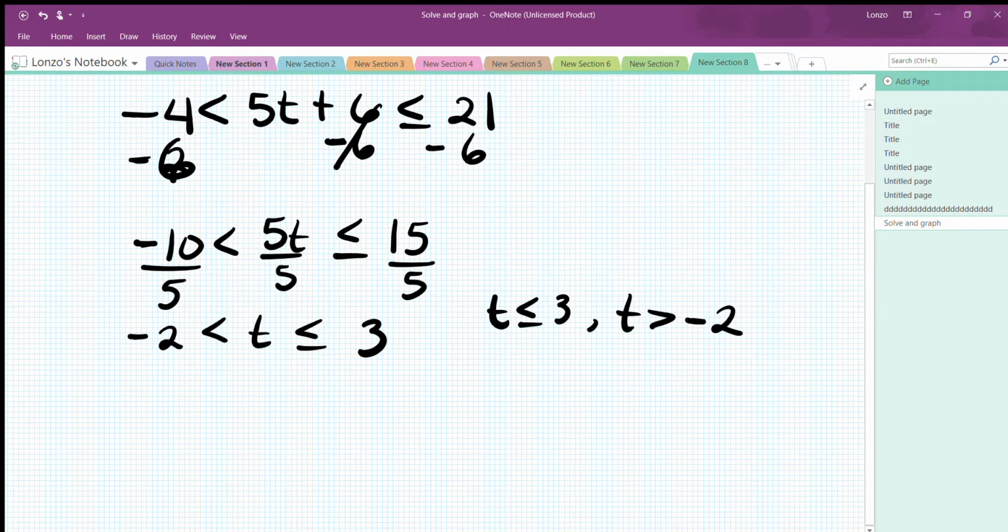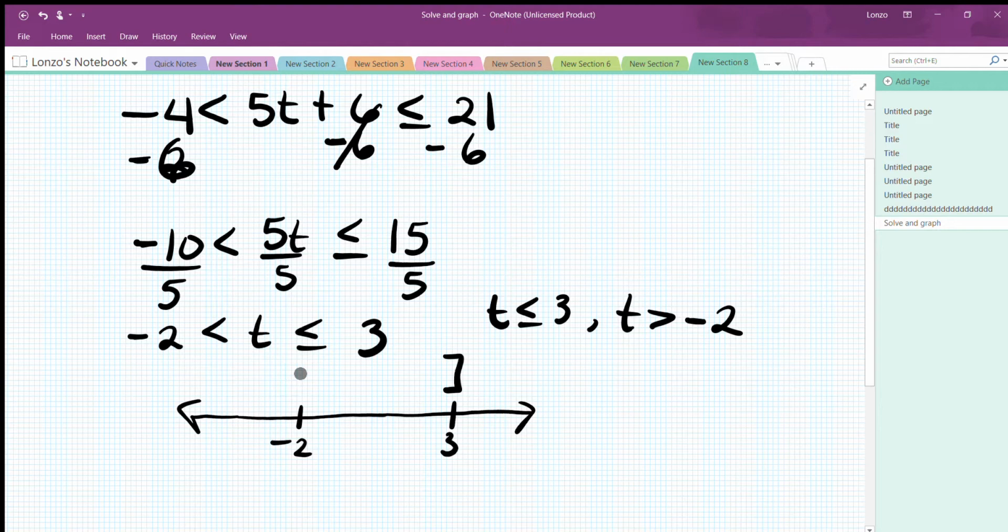So now we can just graph it on a number line. So here's -2, my smallest number, and here's 3. So 3 is less than or equal to, so we're going to use a bracket, right? And then here's -2, and we're going to use a parenthesis because there's no equal sign.